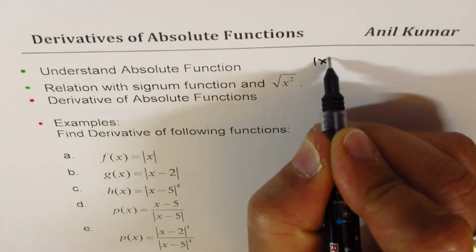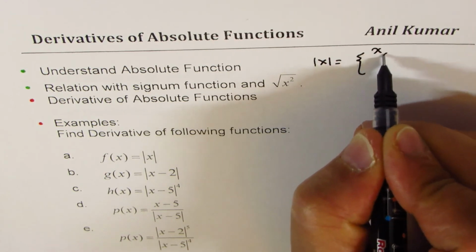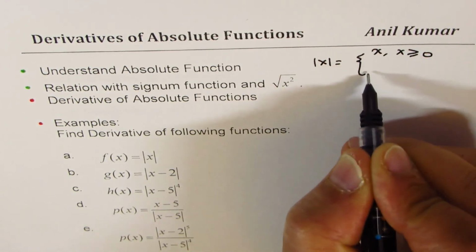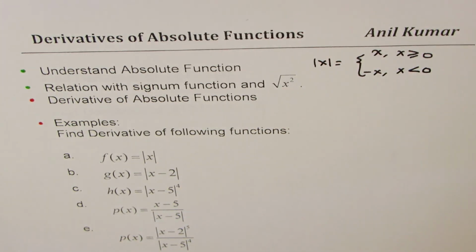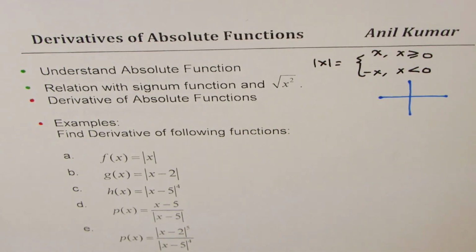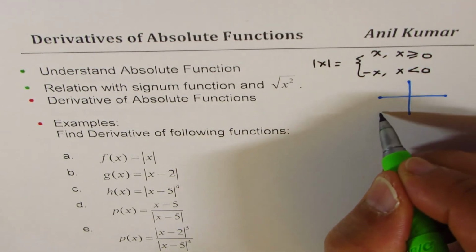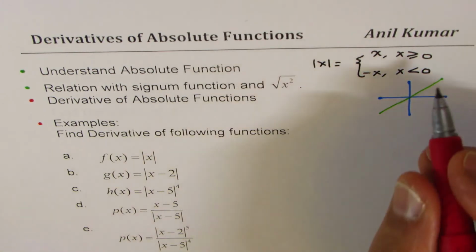When we say absolute x, we are trying to say that it is x when x is greater than or equal to 0, minus x when x is less than 0, right? We also represent absolute functions in the form of a graph. If you have a line y equals x, let us say, in that case, absolute function is always positive.